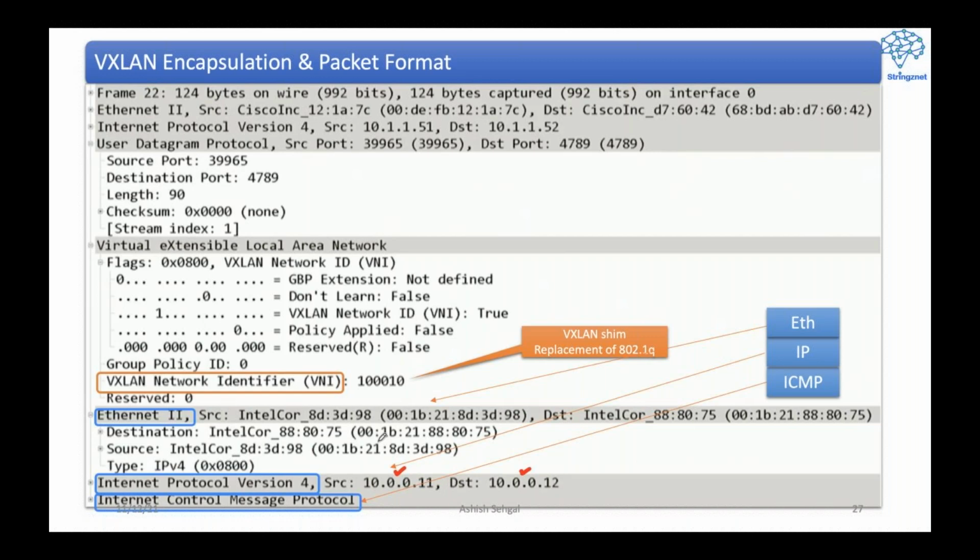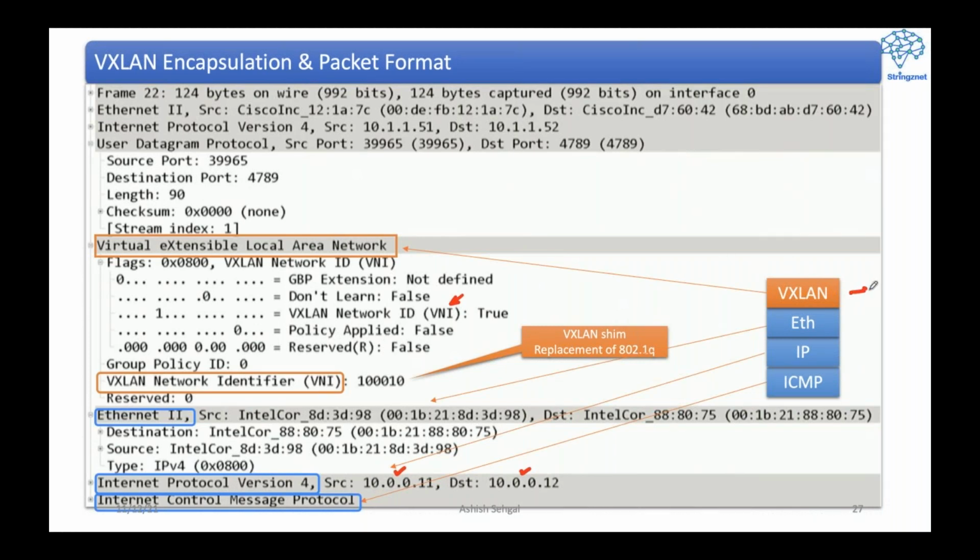Now, the moment this packet traverses through VXLAN, what happens to this particular traffic? Immediately a VXLAN header comes. The VXLAN header has certain important components inside it, and you can see the VNID, the VXLAN ID, which is another important component inside the VXLAN header.